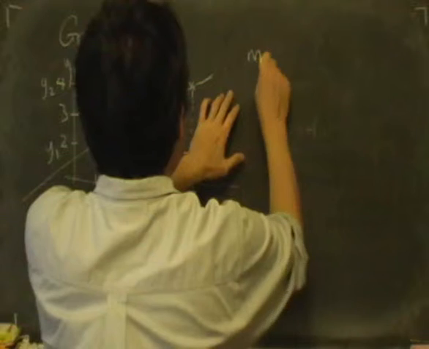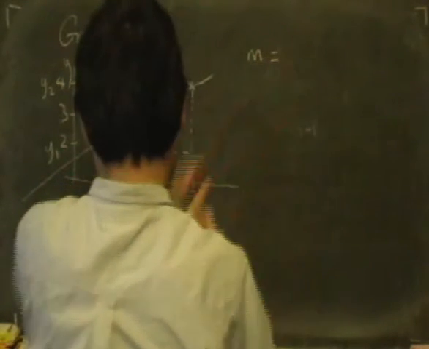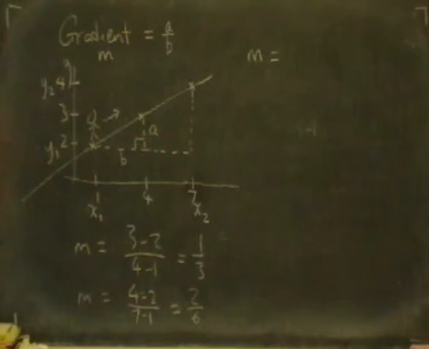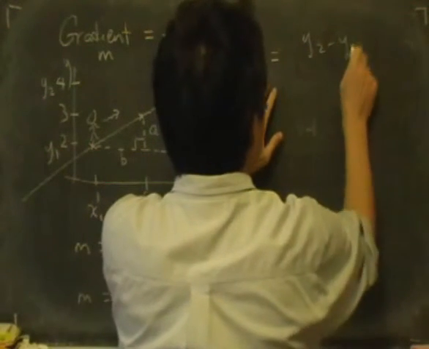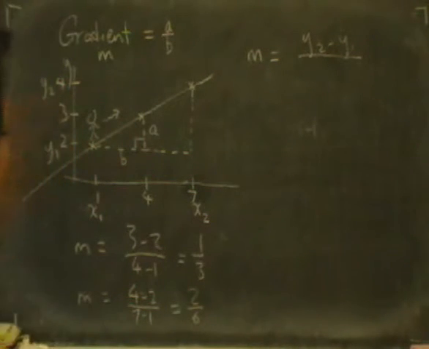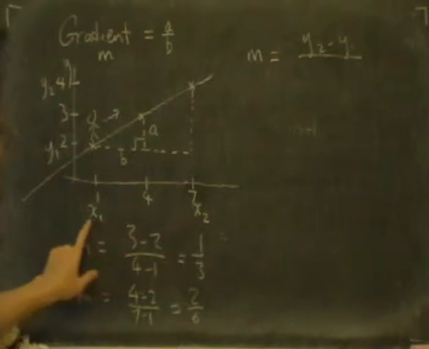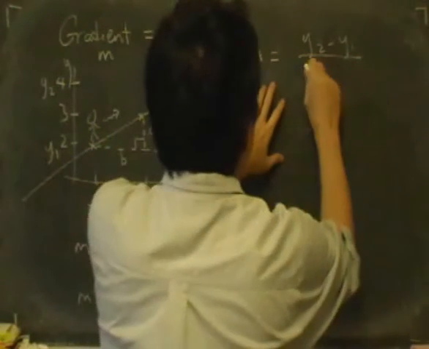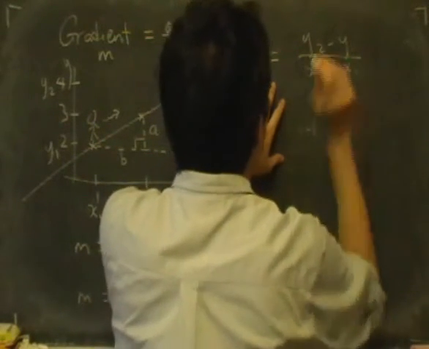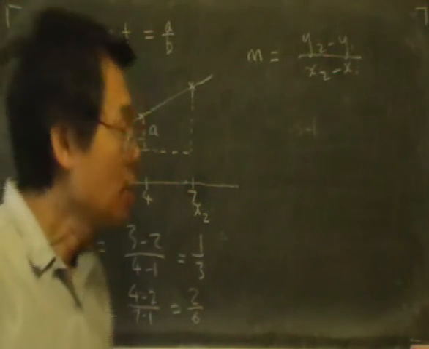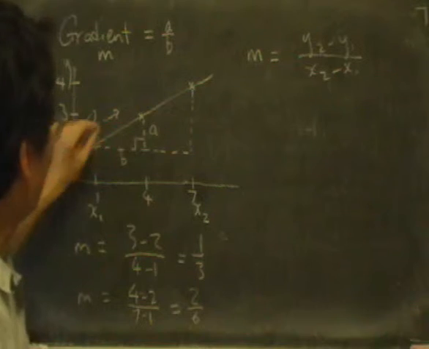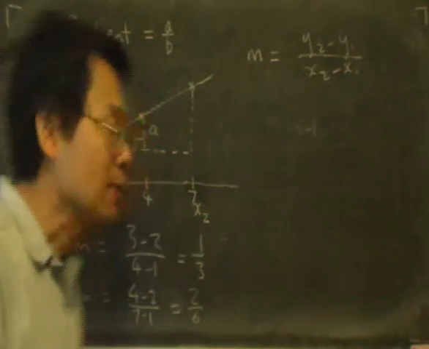I'll write it down here. m is the gradient. Then the vertical side would be y2 minus y1. The horizontal side would be x2 minus x1. And that's the formula. We can use it if we know the coordinates of any 2 points on the line.